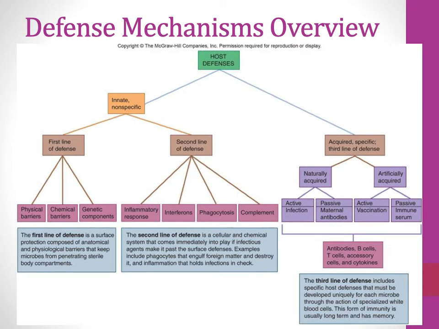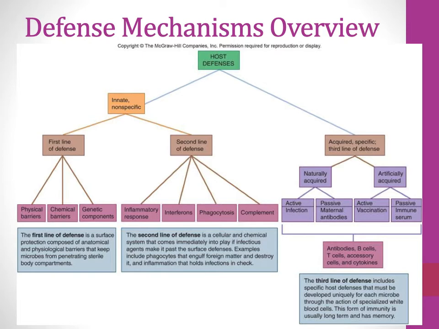So looking at an overview of the host defense of the immune response, it can get broken into two different branches, the innate or nonspecific, and then we also have our acquired specific defense, sometimes referred to as adaptive. So I tend to refer to them as innate and adaptive just because in grad school, I worked in an immunology lab, and that's where I got my PhD in immunology, and we always called them innate and adaptive.